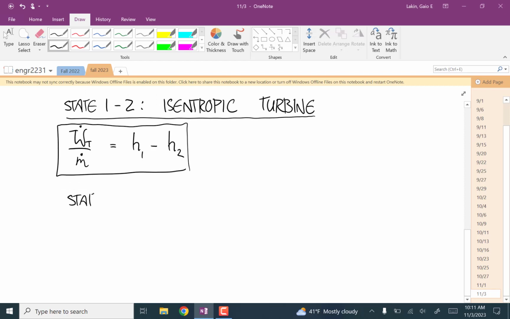And then you go to the process that takes us from state 2 to state 3. That's the constant pressure, isobaric condenser.